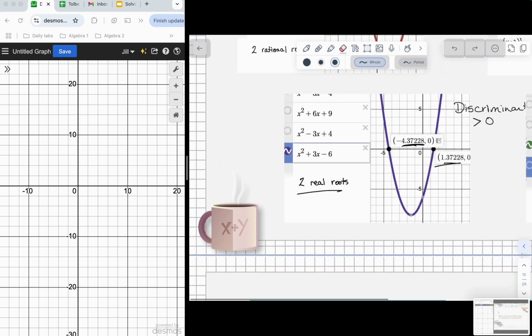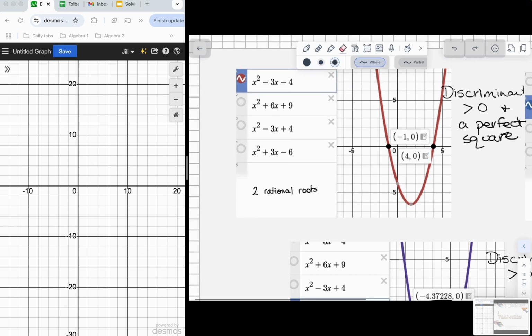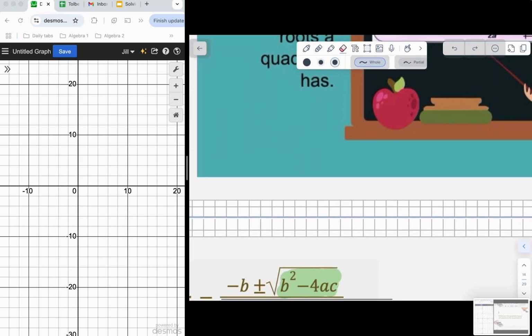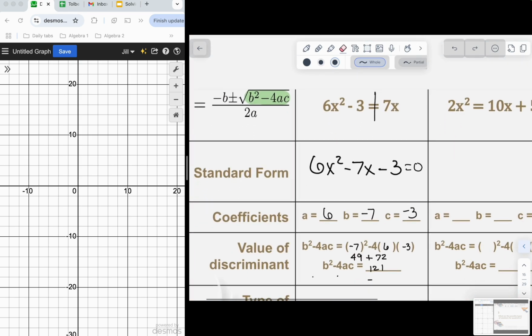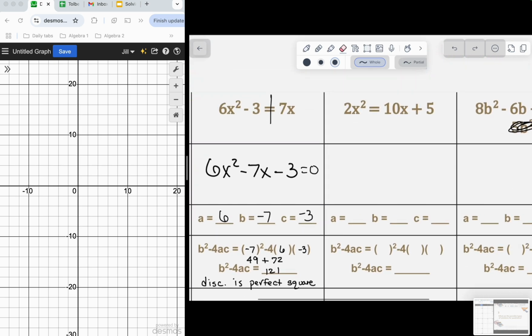So when the discriminant is a perfect square, then we end up with 2 rational roots.